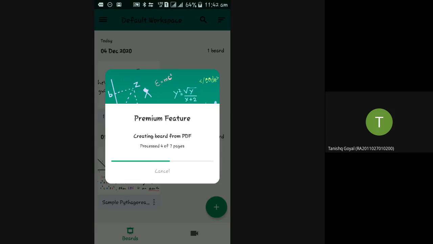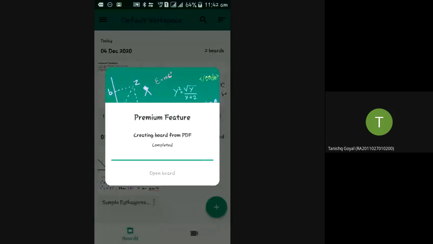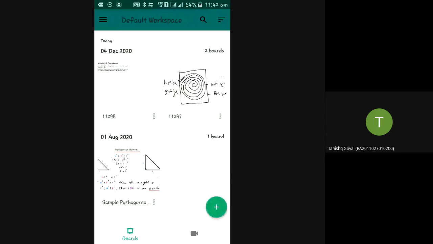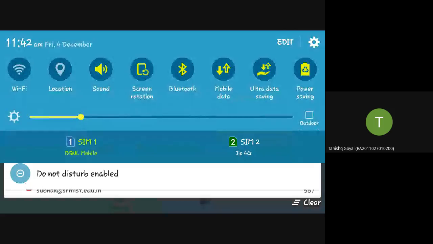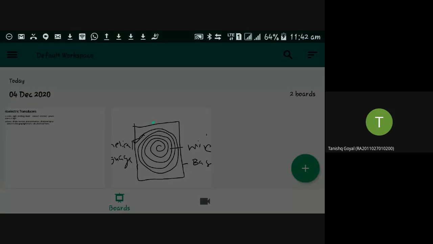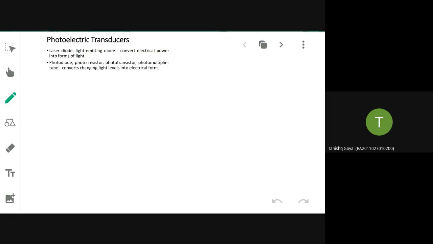It converts temperature into an electrical signal. An example of a thermal transducer is what? A simple example is your thermometer. We must all be familiar with the thermometer. Similarly, many other types of thermal transducers are also there, such as the RTD, which we'll discuss.